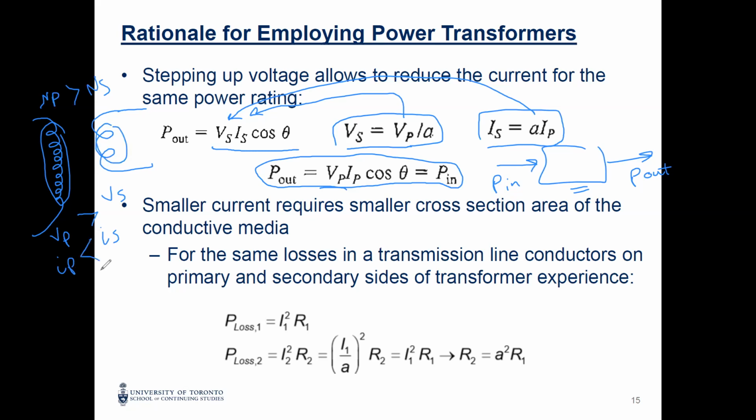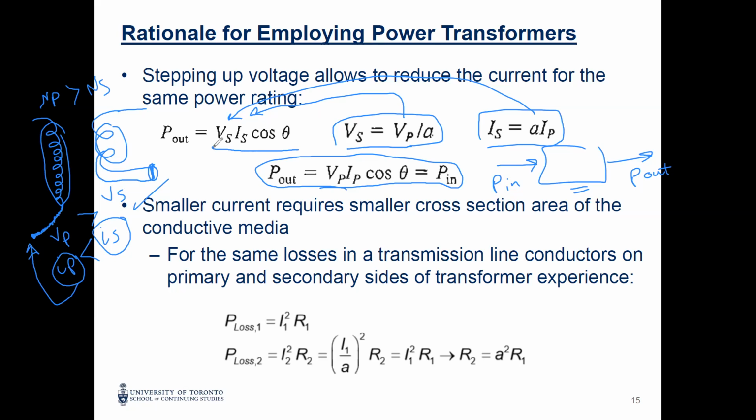Then the current in the secondary is higher, it's the opposite: the voltage is lower, so the current is higher. Because the current here is higher, we are expecting that the cross-section area of this winding is larger to withstand this large current. Here we have so many turns, but the cross-section area of the conductor is smaller in the primary because the current is lower.